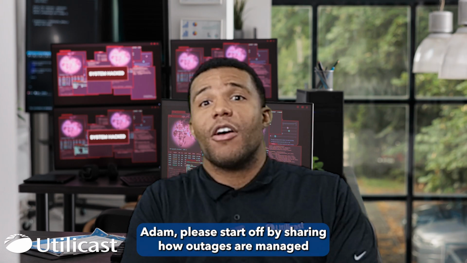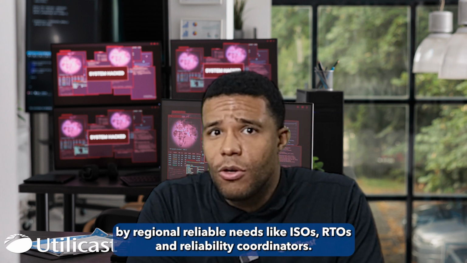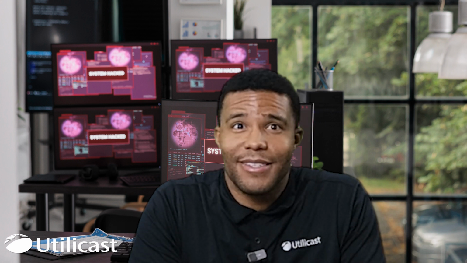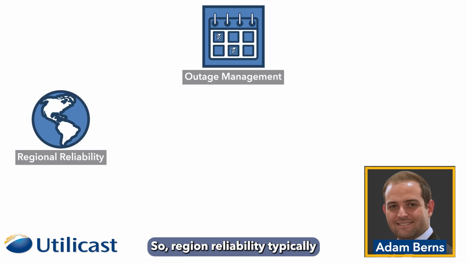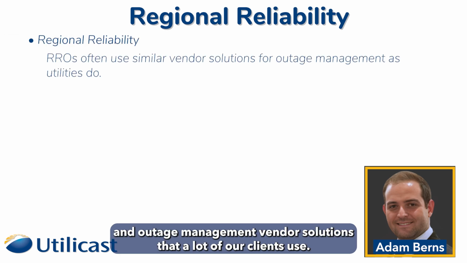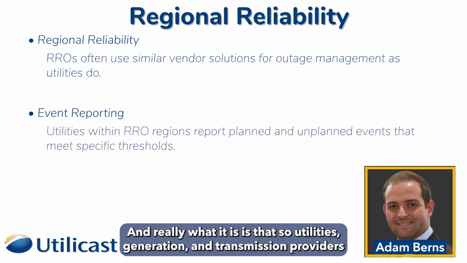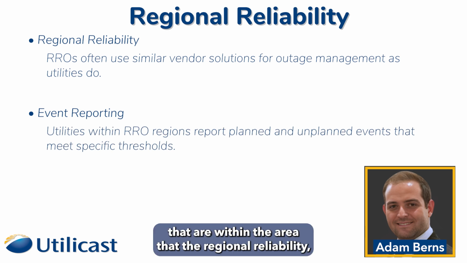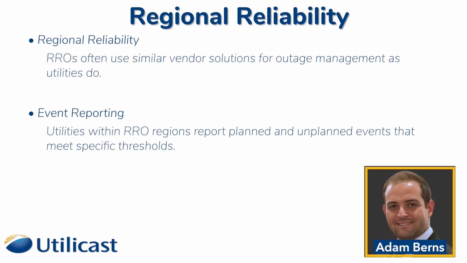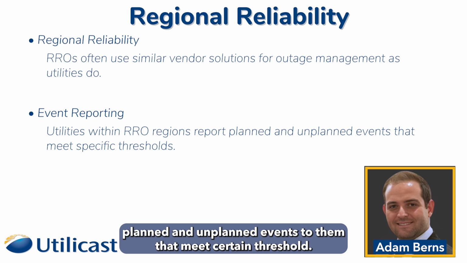Adam, please start off by sharing how outages are managed by regional reliability entities like ISOs, RTOs, and reliability coordinators. So regional reliability entities typically implement the same generation and transmission outage management vendor solutions that a lot of our clients use. Utilities, generation, and transmission providers within the area that the regional reliability entity serves are required to report certain planned and unplanned events to them that meet certain thresholds.